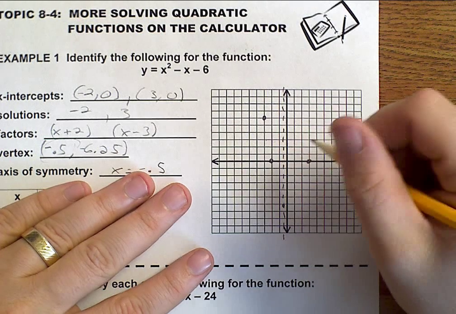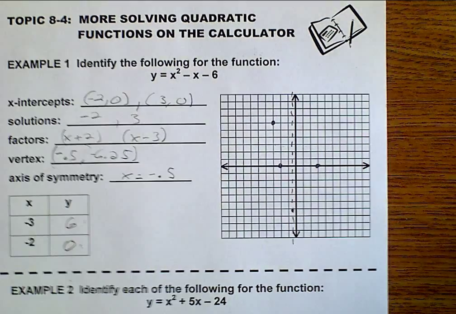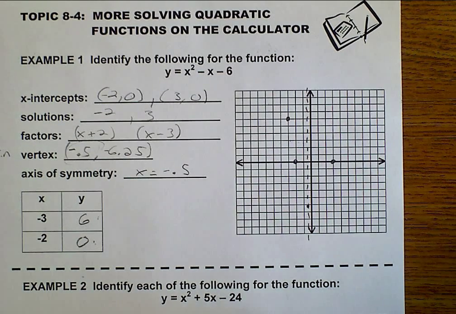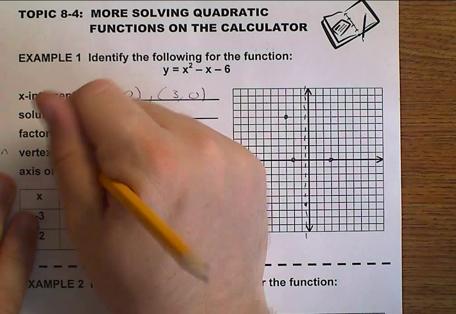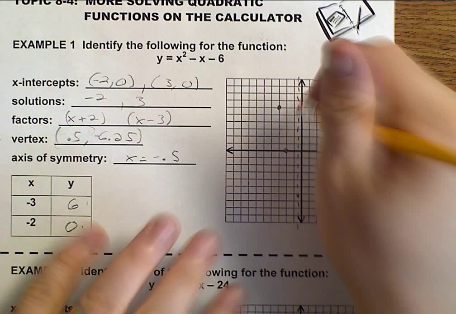Something is not quite looking right here. It's not -0.5. This was a positive 0.5.